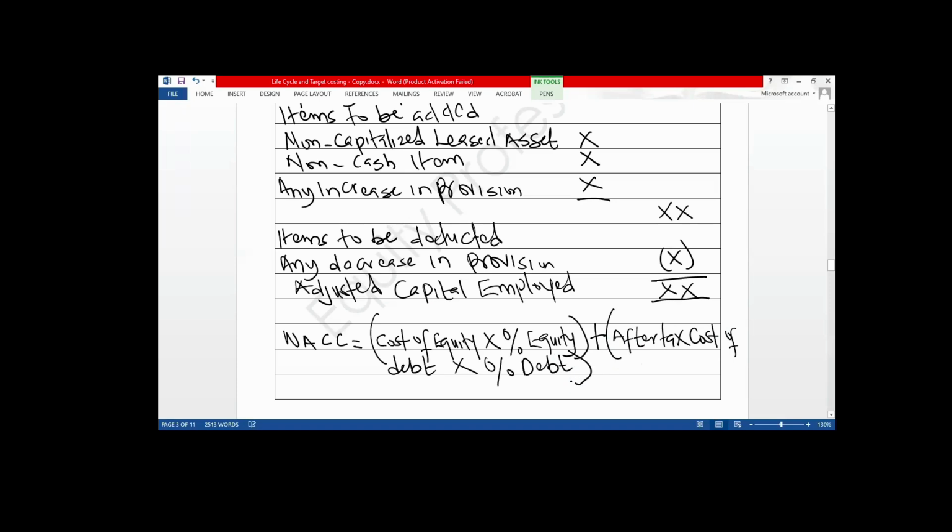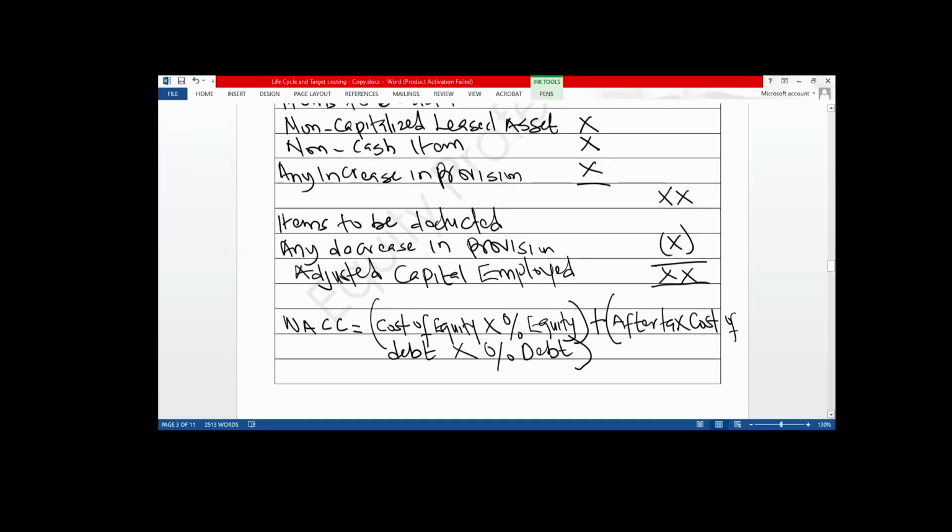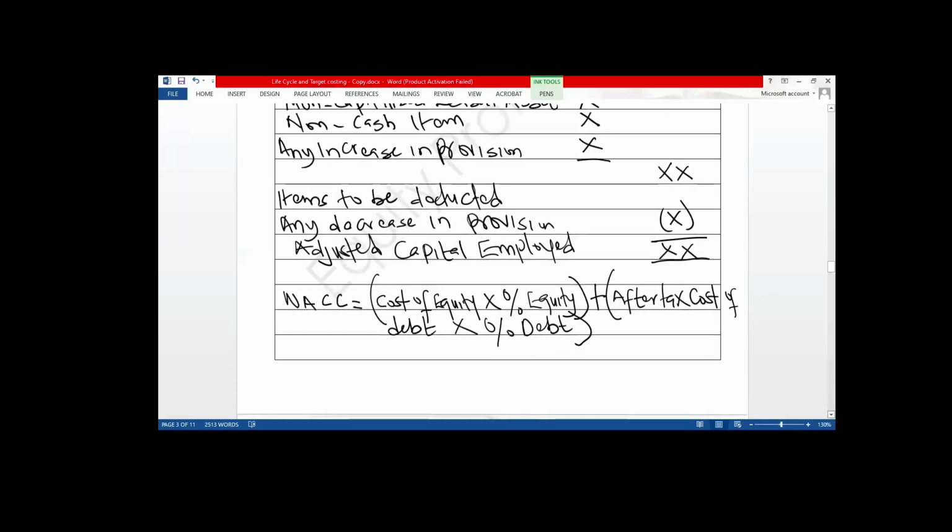This is how to calculate your weighted average cost of capital.